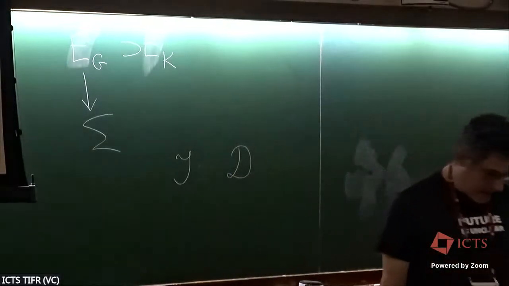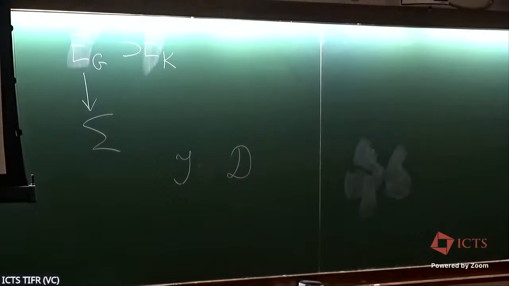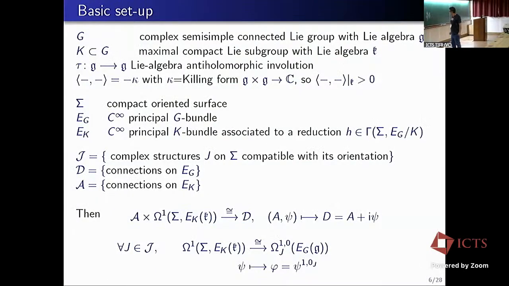As usual in Higgs bundle theory, there are several ways of parameterizing complex connections. And one we will use a lot is as pairs given by a unitary connection and a section of the adjoint bundle, times i, since it should be symmetric, so we multiply by i.